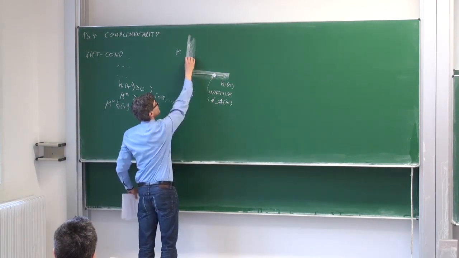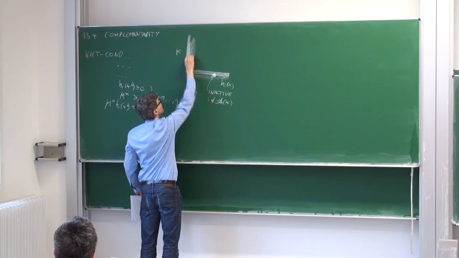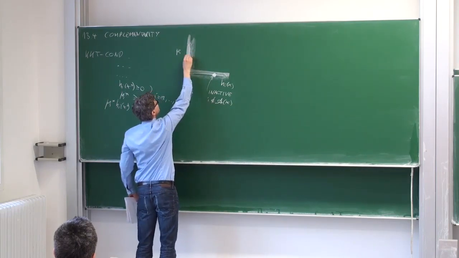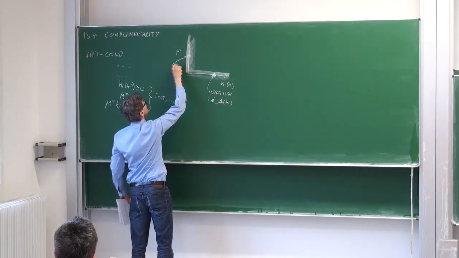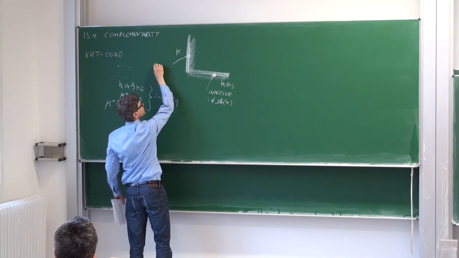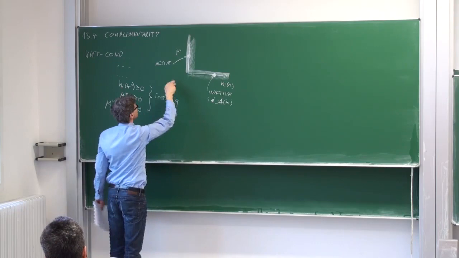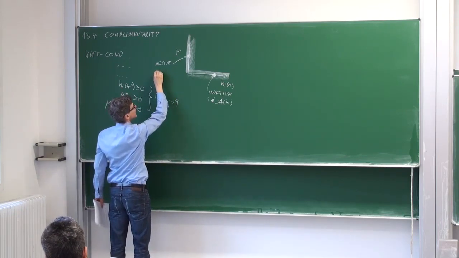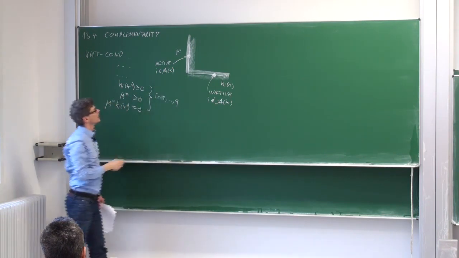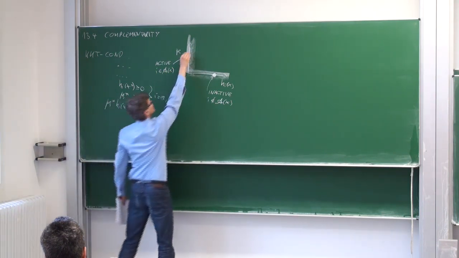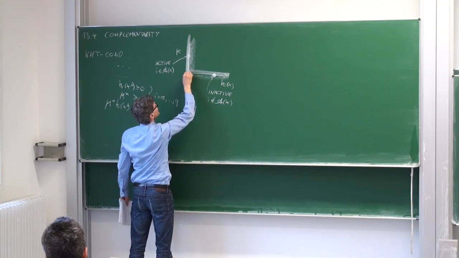When we are here, when the constraint is 0, then here we would be active. And we would say that i is an element of the active set at x for any point where h is 0, including the 0.